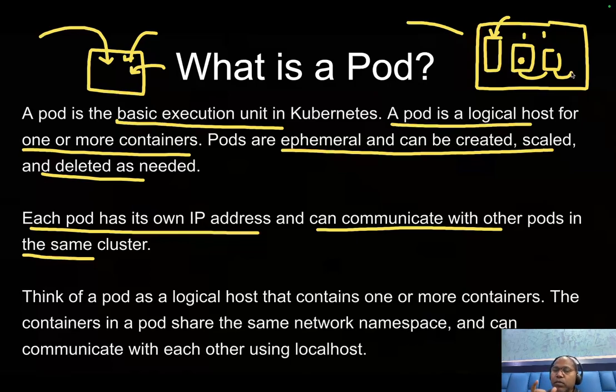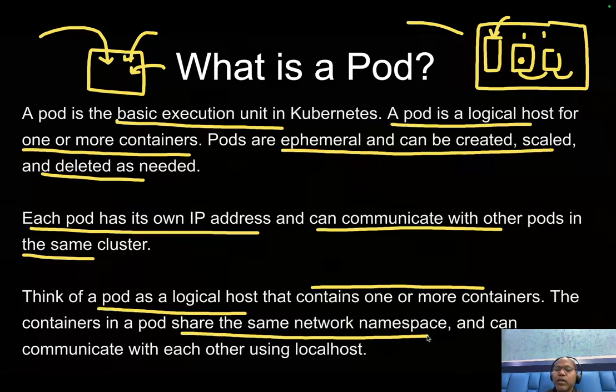That means each pod has its own private IP address, and all communication between your pods happens via the cluster IP, or just the private IP. Think of a pod as a logical host that contains one or more containers. The containers in a pod share the same resources, like network communication with each other.